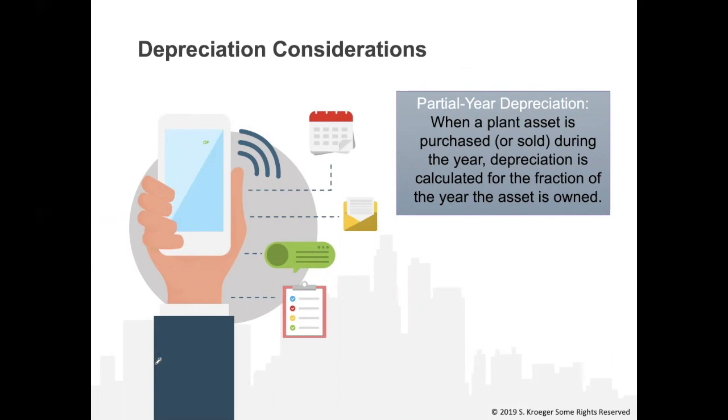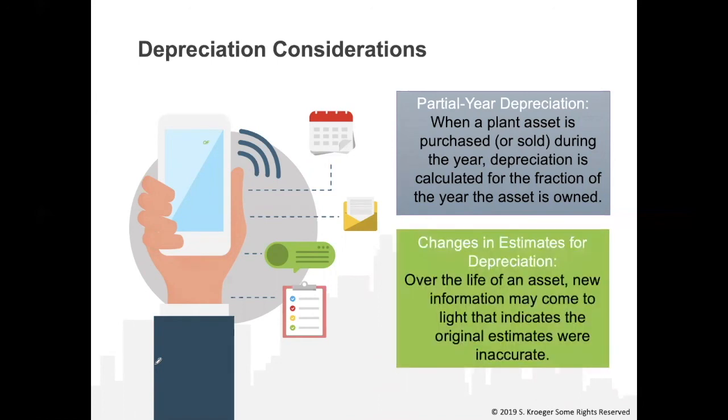I would only depreciate it for 1 month. So be mindful of the dates that these assets are bought. If it's bought in January, you'll do a full year. But if it's bought halfway through the year, you only do half a year's worth of depreciation. If you buy in October, you're only due from October until December. You wouldn't do a full year.